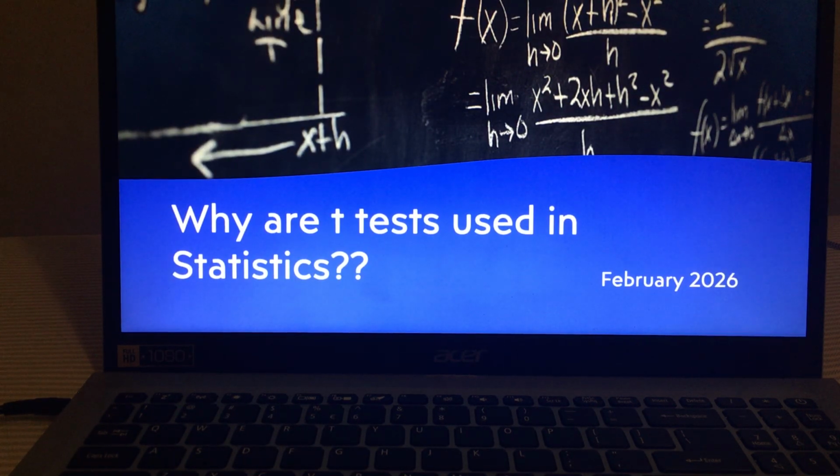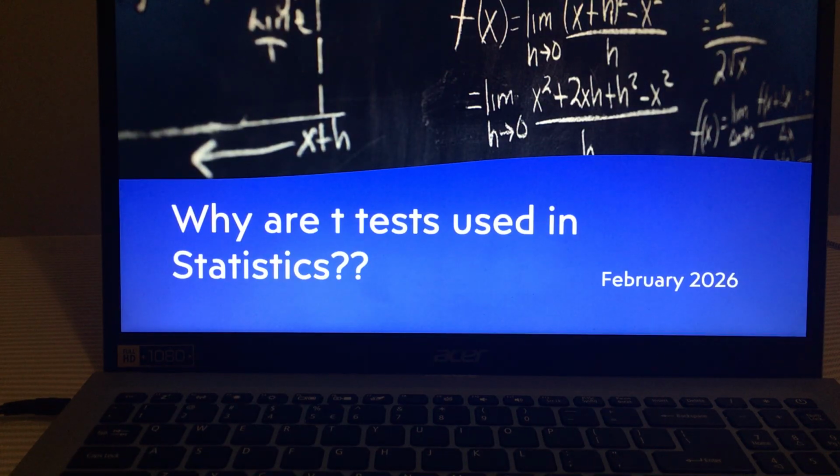The procedure is nearly identical, except the t-test uses the t-distribution, where the z-test, the z like zebra, uses the z like zebra distribution. So the 1 sample mean t-test, T like Tom, can be used when the population standard deviation is unknown.